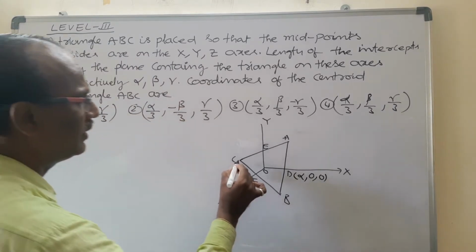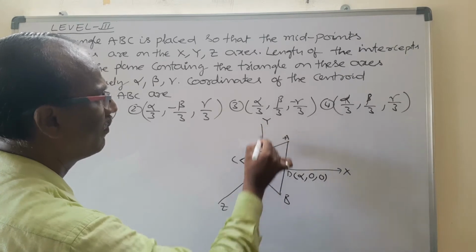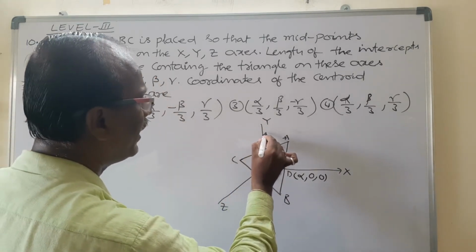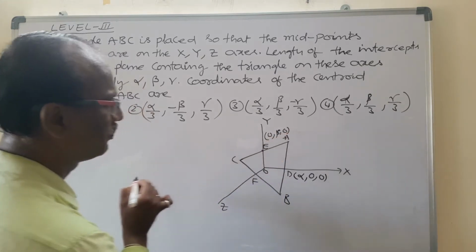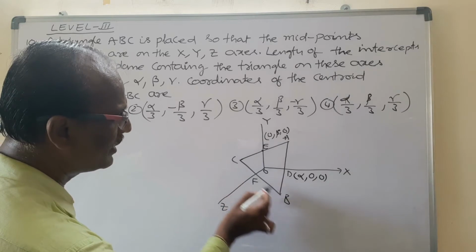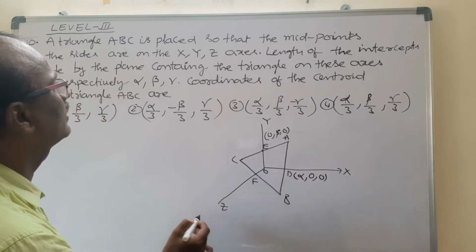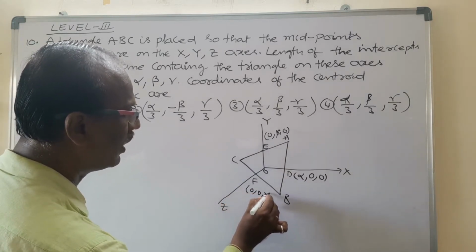Next, side AC, the midpoint is the intercept on the y-axis. The coordinates of E are 0, beta, 0. The next side BC, the midpoint is the intercept on the z-axis. The coordinates are 0, 0, gamma.